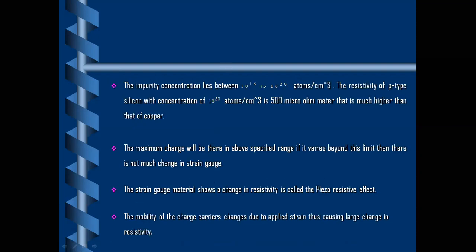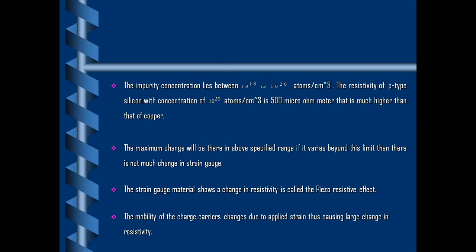Okay. In other strain gauges, for example wire, it may be possible to get a small value of lambda. Now the impurity, actually semiconductor concerns the impurity concentration, and in this semiconductor strain gauge your impurity concentration is between 10 raised to 16 to 10 raised to 20 atoms per centimeter cube.